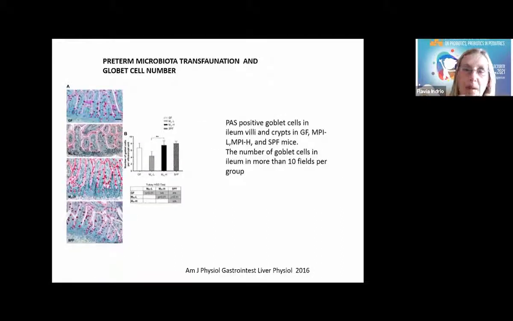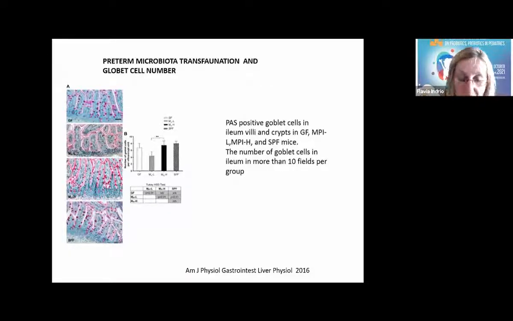They found basically this. The intestine of the mice who received the feces of the healthy preterm newborn had a development of goblet cells, of villi, of crypts, compared to the germ-free mice and to the rats who received the feces of the poor weight gain baby.